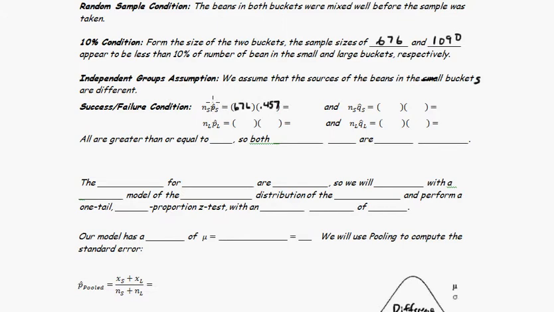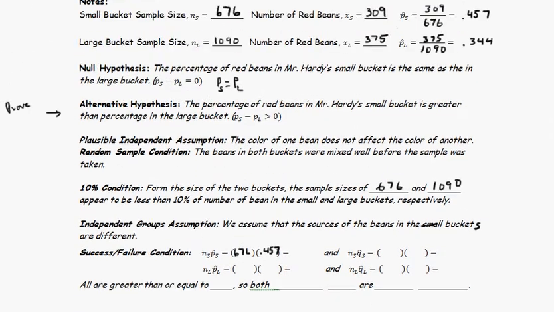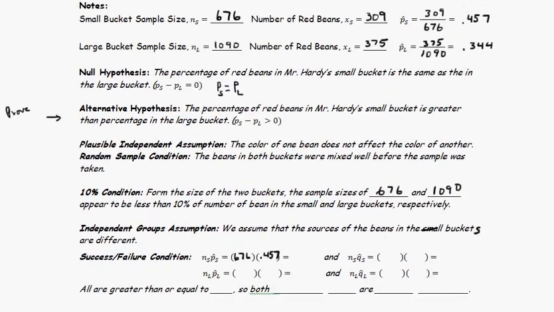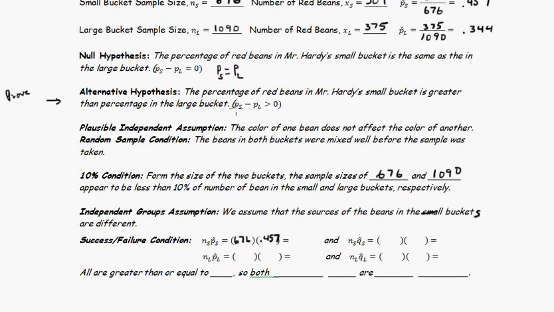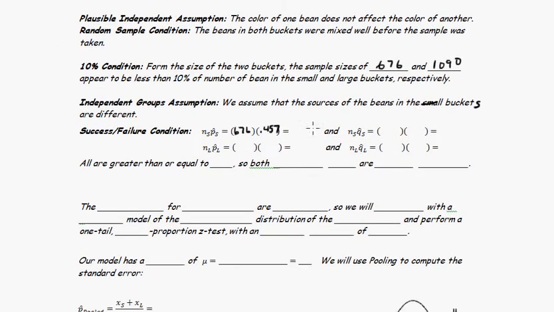Usually, up till now, we've had actual hypothesized values, but we're not really hypothesizing what the percentages are. We're just saying the percentages are the same, or the percentages are different, depending on the statement. We're really not speculating, so we really don't know. So all we can do is use p hat to do this check. Okay, so that's something new that you've got to watch for.